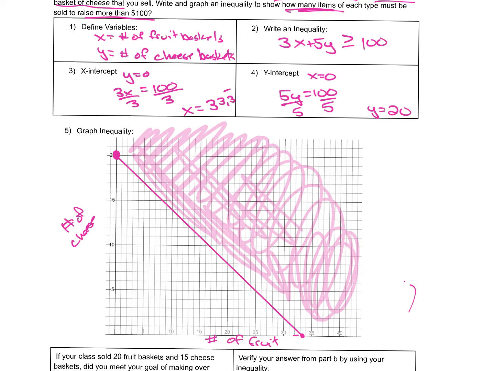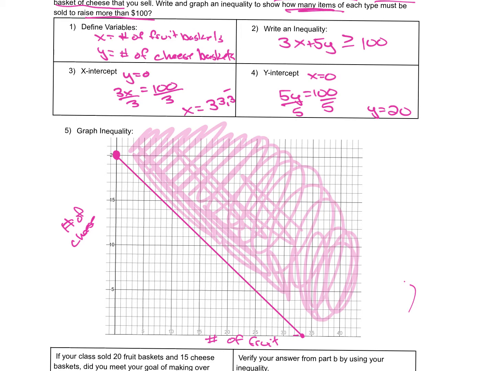Same thing, we could look here at 15. If I sell 15 fruit baskets and look over, well, that looks like, what is that, about 7? Well, it looks like 8 is going to be above that line. Oh, that might be a 9. Might have to be a little bit closer. So if we only get 8, we're going to need at least 9 there.